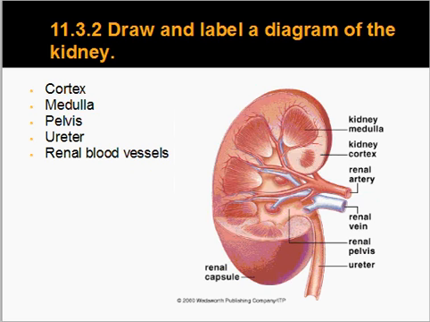Make note of the fact that the kidney has what we call a renal artery, bringing oxygenated blood into it, and then a renal vein, bringing deoxygenated blood out of it, and there are many capillary beds throughout the kidney.